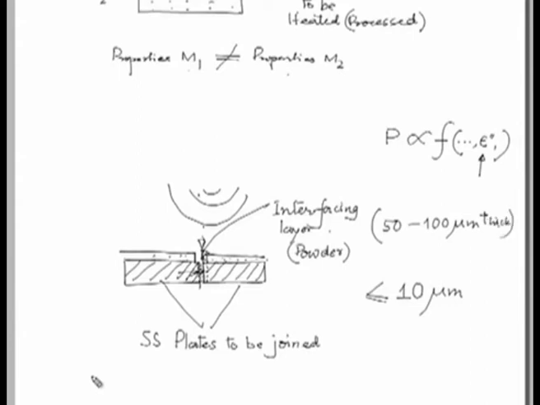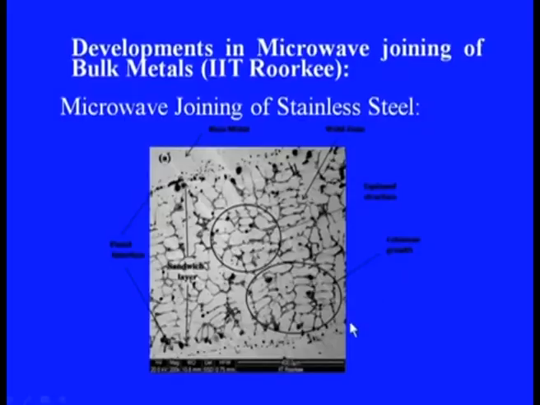That means, we can think about how thin this layer is and how thin this heat affected zone or the melted zone of the original material is. That shows the preciseness of this technique and the usefulness of this technique.